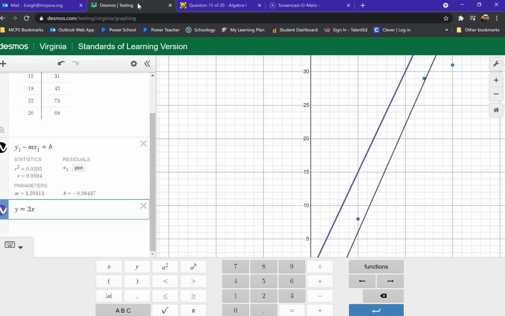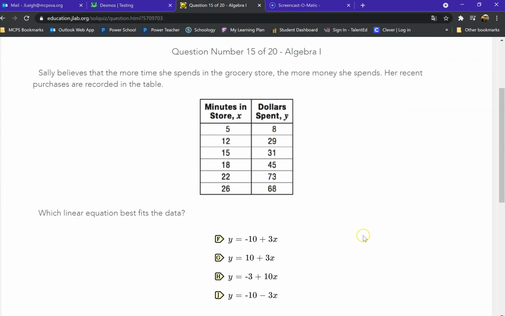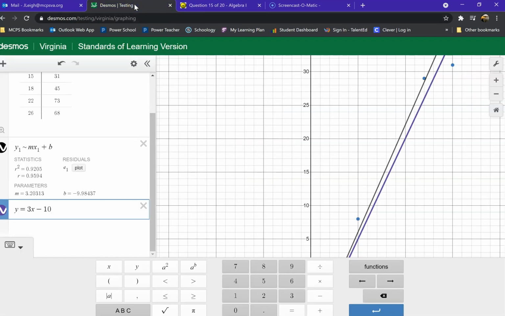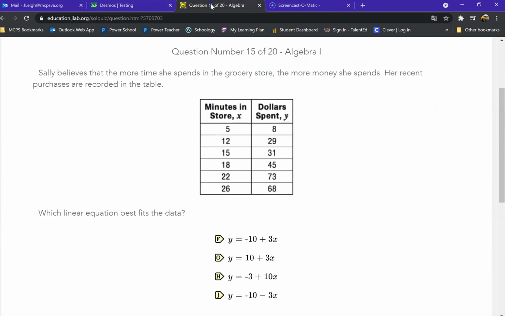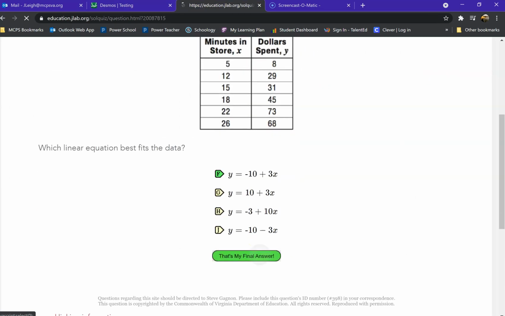And then we have negative 9.9, which rounded would give us negative 10. So y equals 3x minus 10 should be our answer. So positive 3x minus 10. There we go. Let's see if Miss Leigh's right.